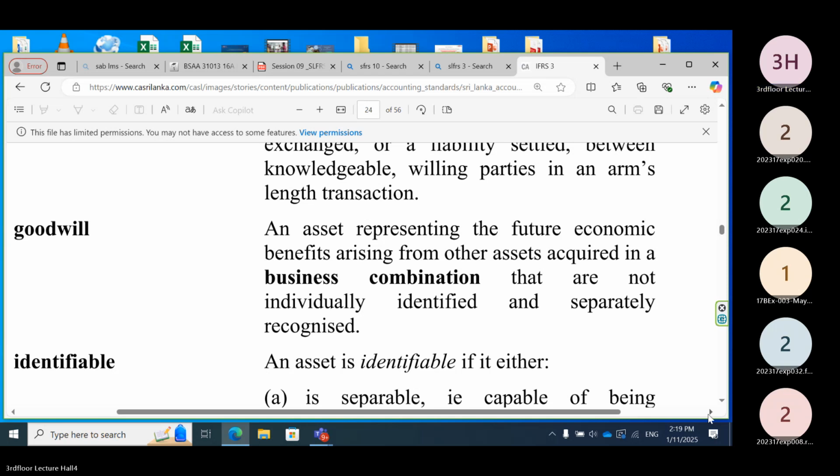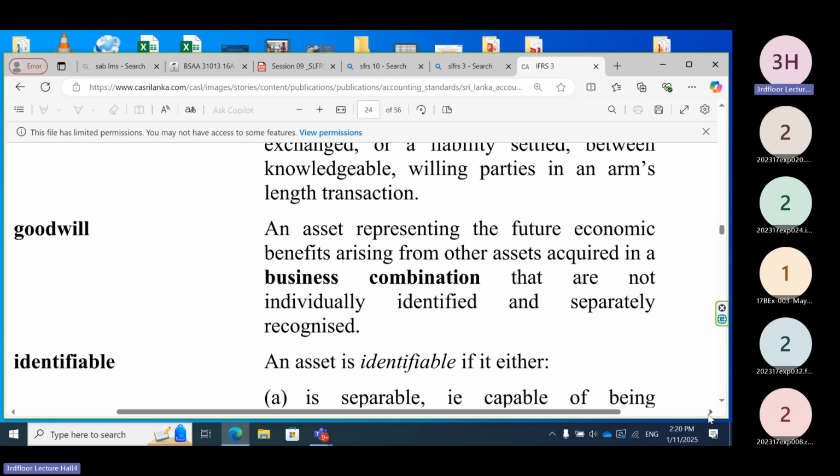Why? What's the reason? Calculating full goodwill may create a kind of complexity or be very expensive, right? To do the fair valuation of NCI may be expensive, may be complex.